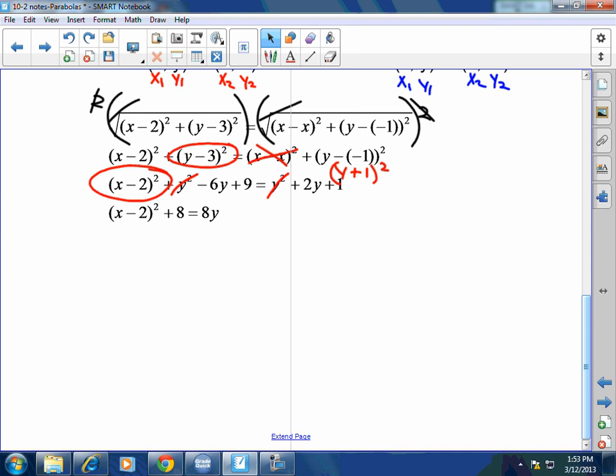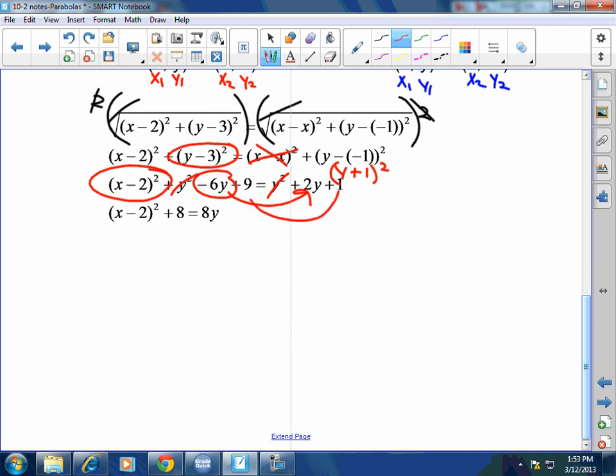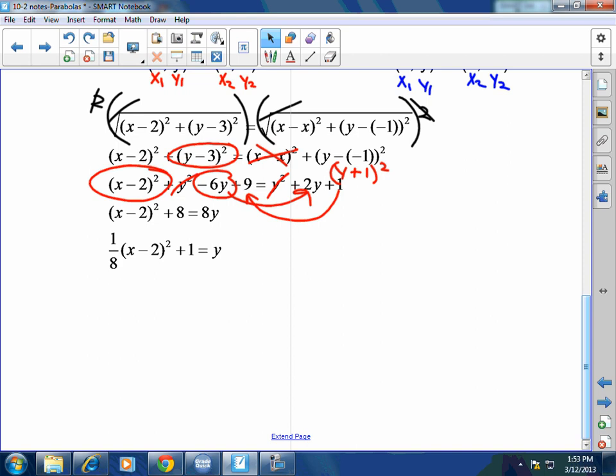When I go ahead and do everything, I'm going to get (x minus 2) squared plus 8 equals 8y. And that's literally it. Okay? How did I get that? I brought over my 6y. I brought over my 1 to the 9, and that is my equation.